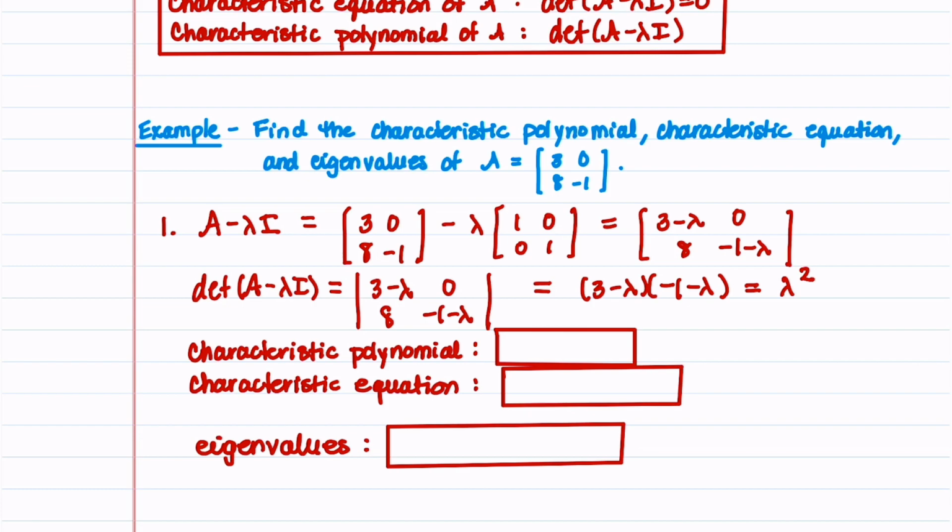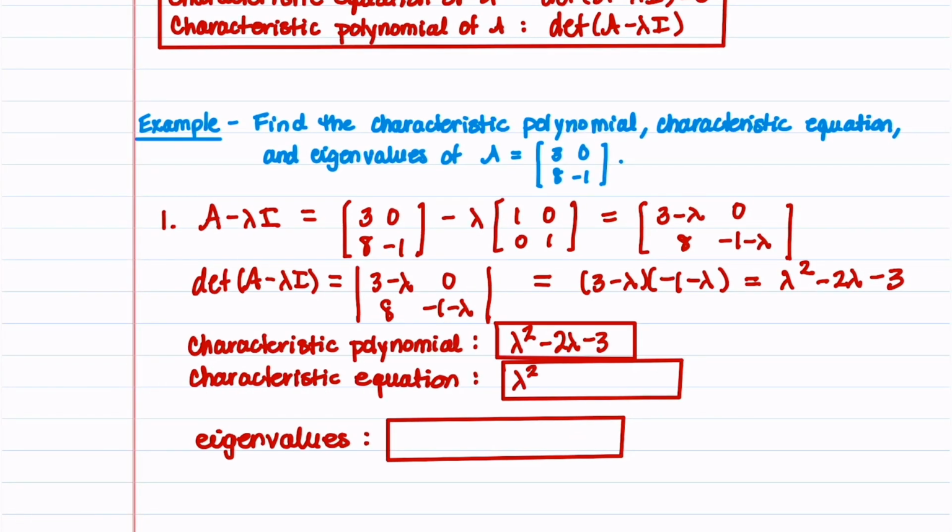Looks like we have a minus 3 and a plus 1, so minus 2 lambda minus 3. Our characteristic polynomial is going to be lambda squared minus 2 lambda minus 3. Our characteristic equation is going to be lambda squared minus 2 lambda minus 3 is equal to 0.